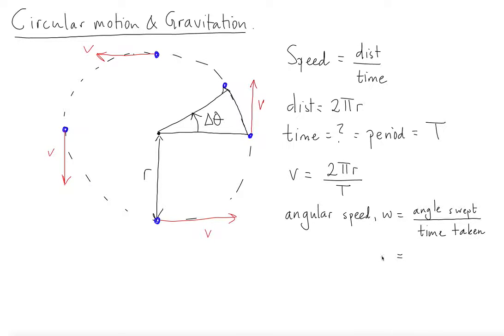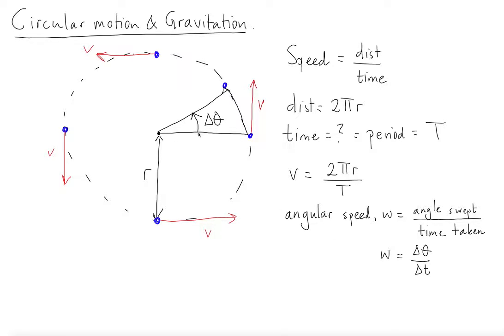In symbol form, omega is equal to the change in angle over the change in time. So omega is the angular speed.